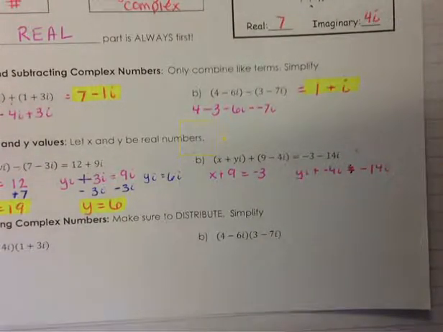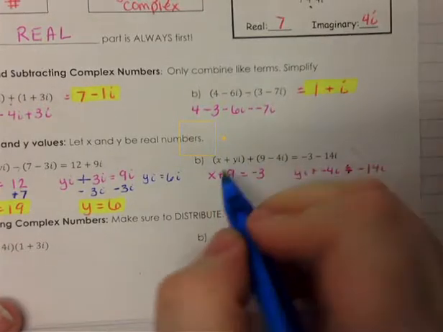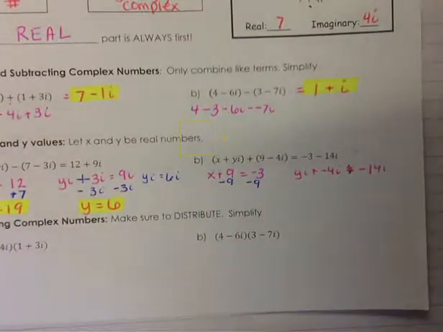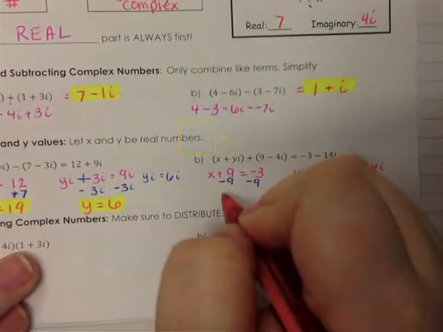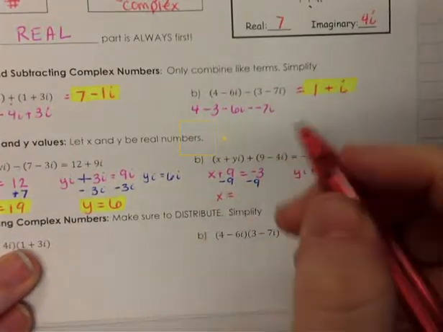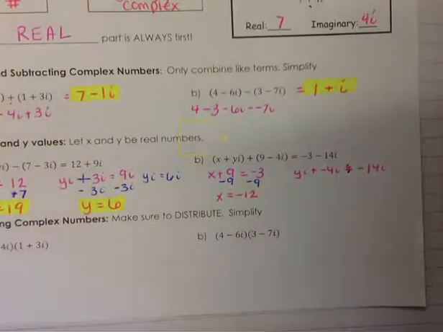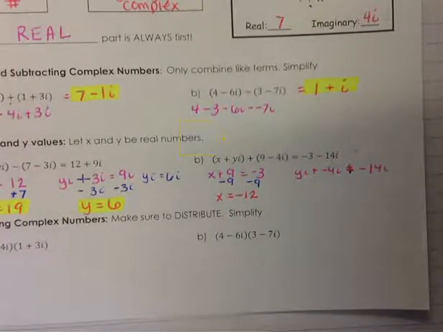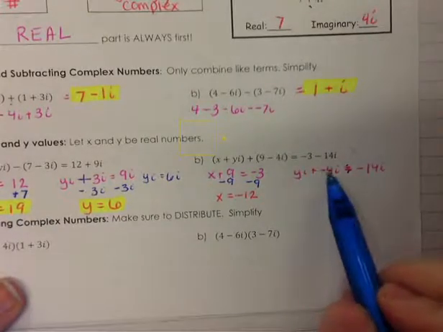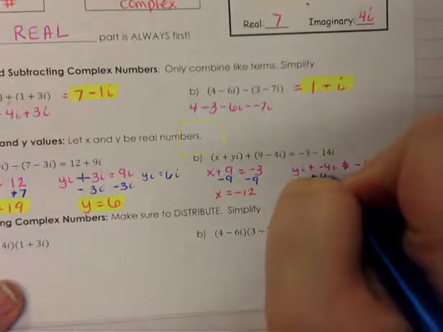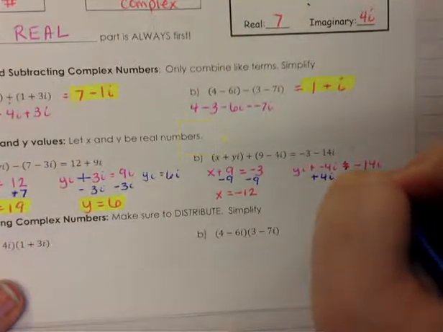Now we're just going to solve. So to get x by itself, I need to subtract the 9. So x is negative 3 minus 9, which is equal to negative 12. This next one on the yi, it's plus and negative, so it's really just minus, so I need to add the 4i to both sides.